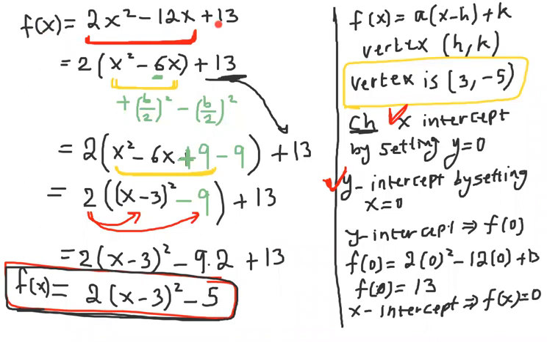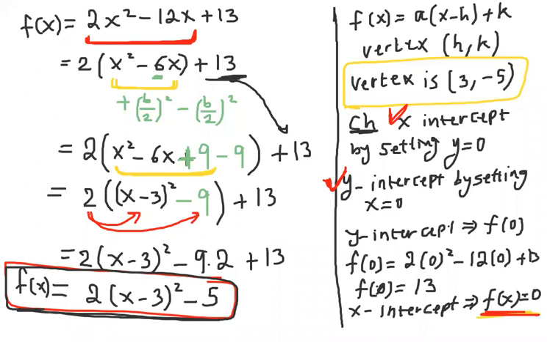This function is exactly the same, so I can use either one to find the x-intercept by making f of x equal 0.